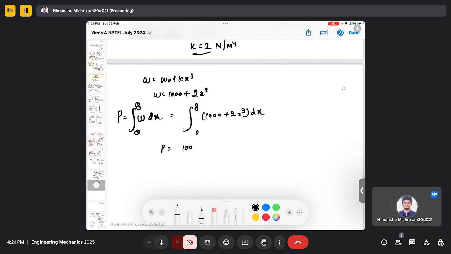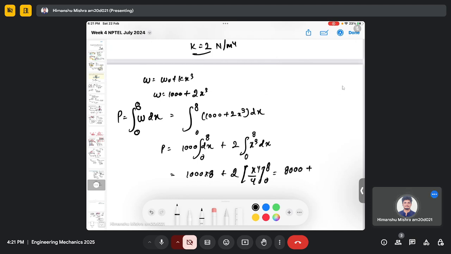So I can split the integral. It is 1000 multiplied by 8 plus 2 times x to the power 4 over 4, which is 8000 plus 1 by 2 times 8 to the power 4.